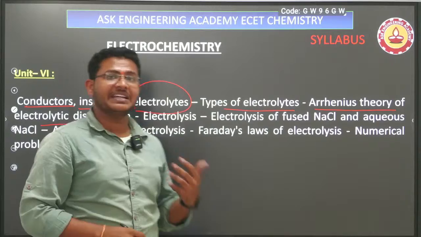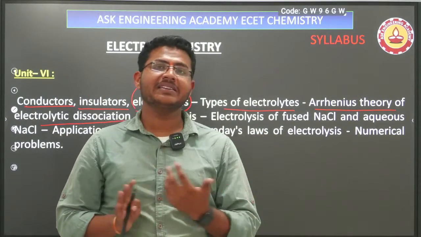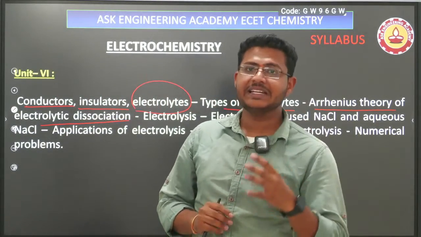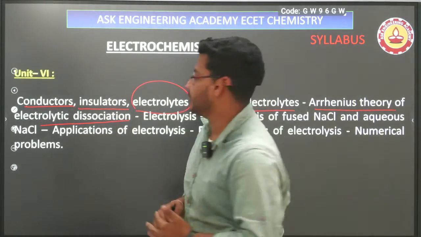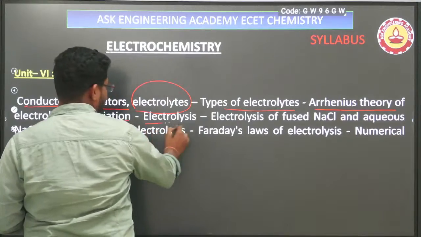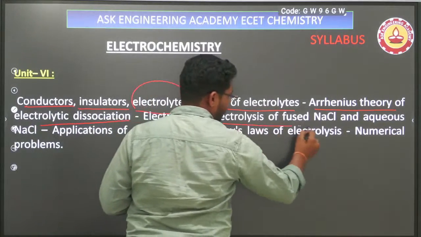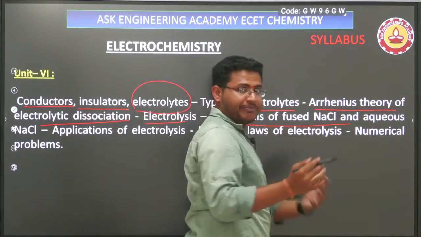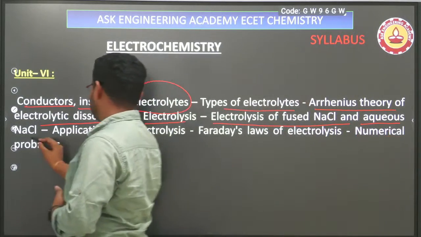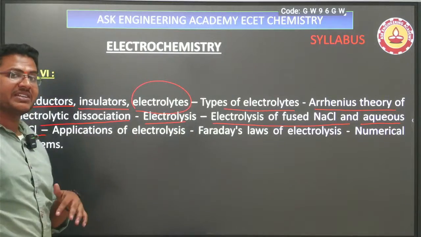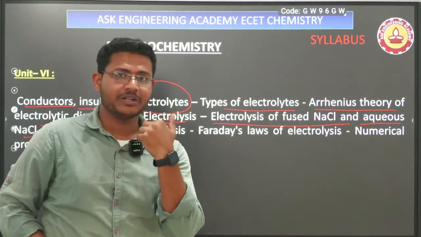What is meant by Arrhenius theory? How did Arrhenius propose a theory to explain the mechanisms involved in electrochemistry? Then electrolysis: electrolysis of fused NaCl and aqueous NaCl are two important things.